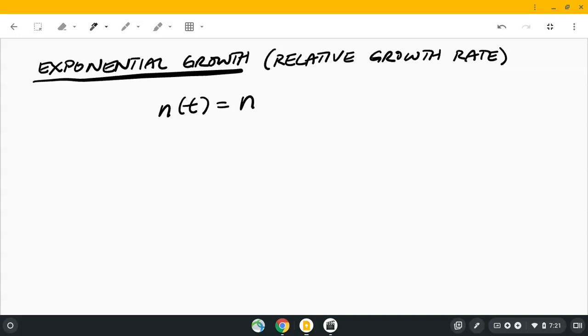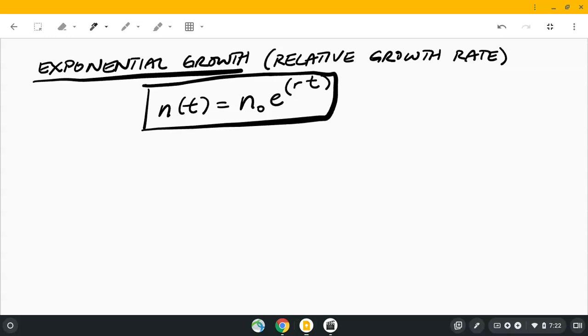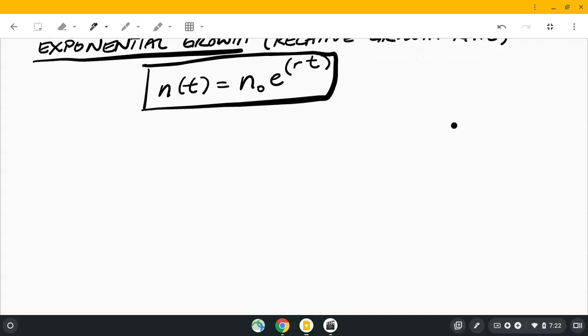Here we have e to the rt. We have this formula here, which is slightly different from the doubling one. So let's compare the two.